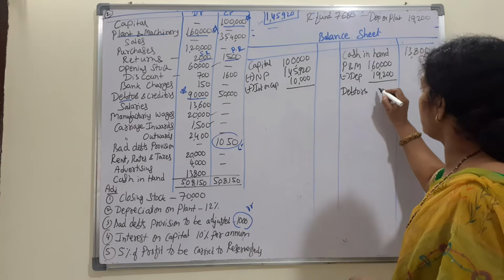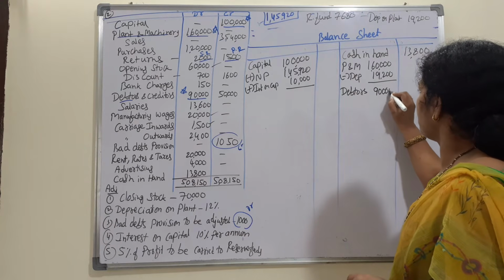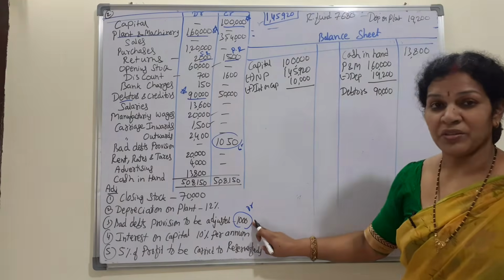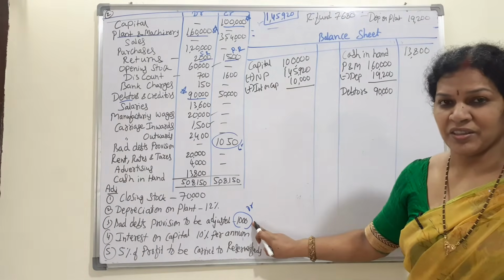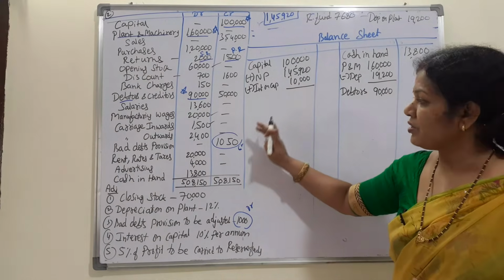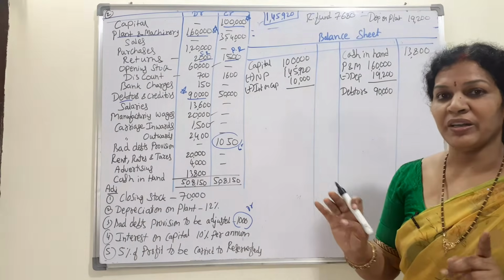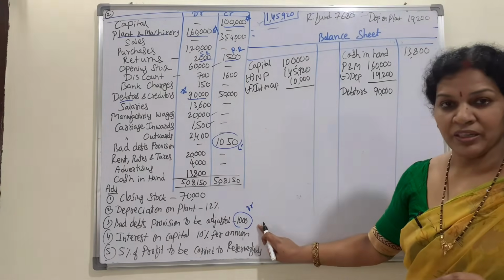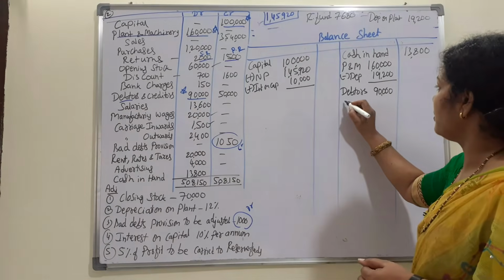Debtors is 90,000. Bad debts provision is 1,000, this is related to debtors. This is loss. This only we are going to deduct. We will not touch this 1,050. This comes only one time, that we have taken already into the P&L account. Now 1,000 rupees only the loss, that will deduct it.